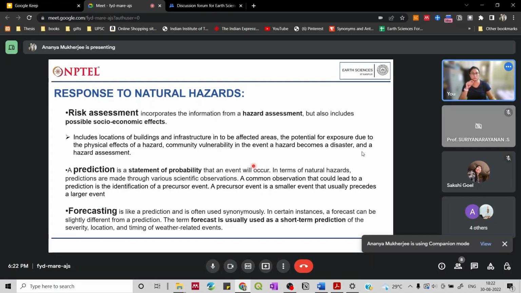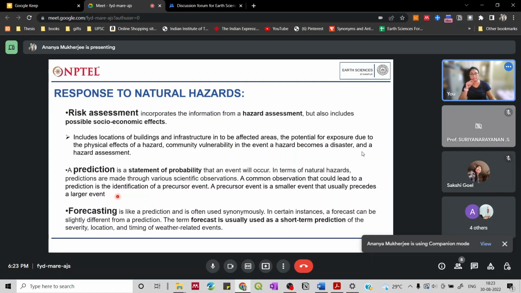So they can try to predict how close we are to that hazard converting into a disaster, or that hazard actually taking place and becoming a larger event.